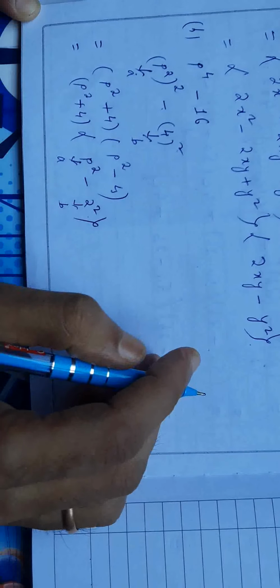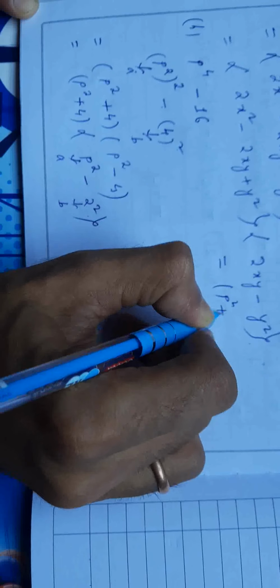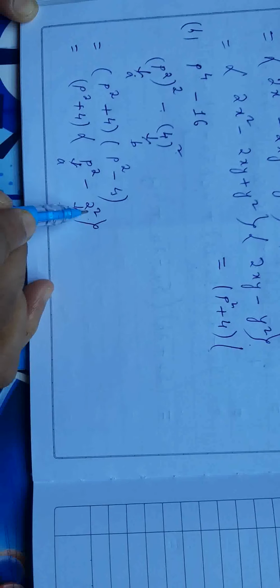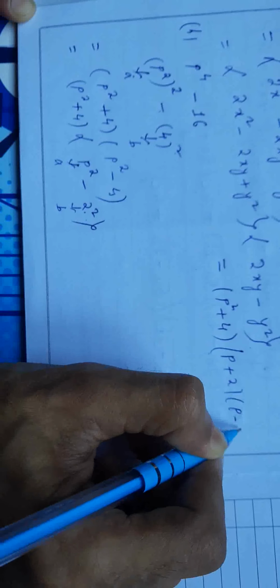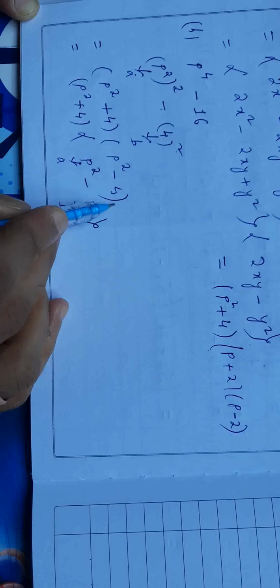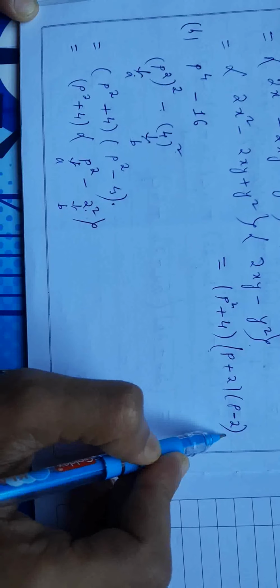So this can be written as (p square plus 4) and then within bracket (a square minus b square). So it is (p plus 2) within bracket (p minus 2). So you can keep your answer here also or here also.